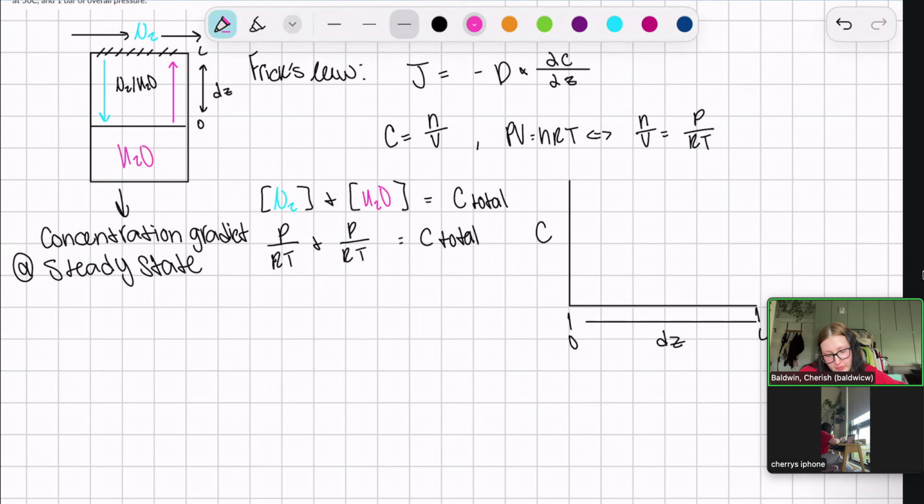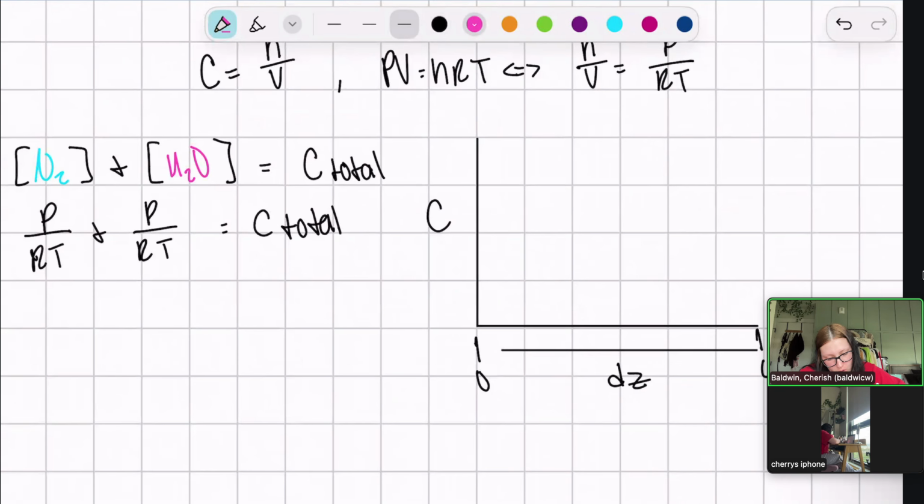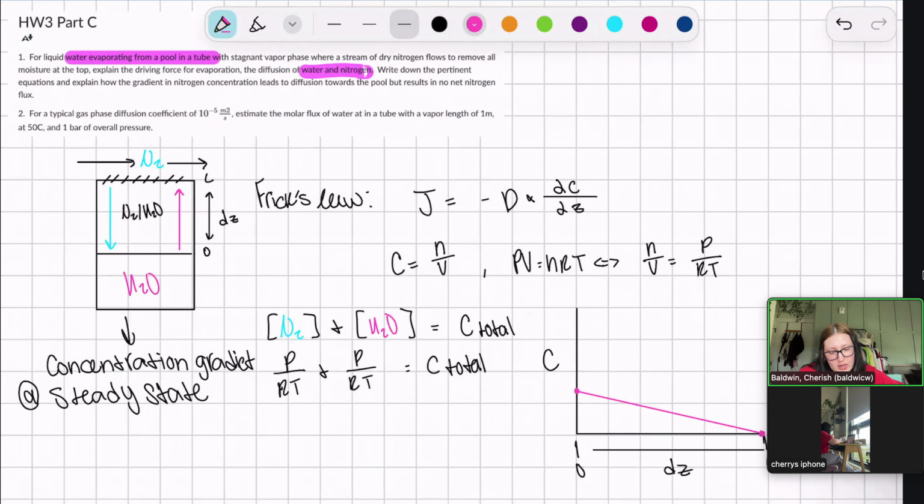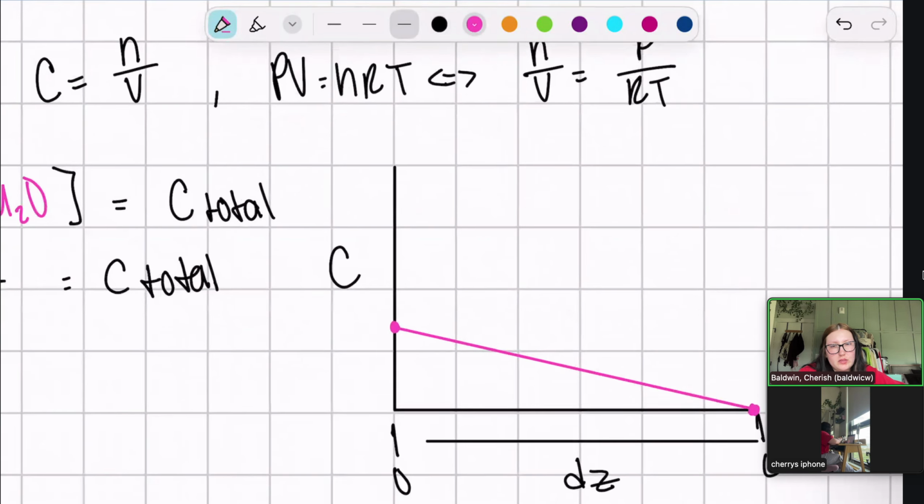So when we think of water, that's the highest concentration it can be, and it goes down to basically 0 when it gets to L. And it's kind of the same for nitrogen.